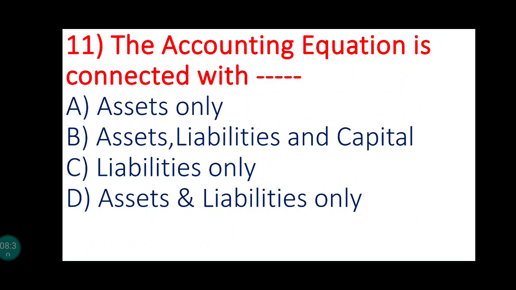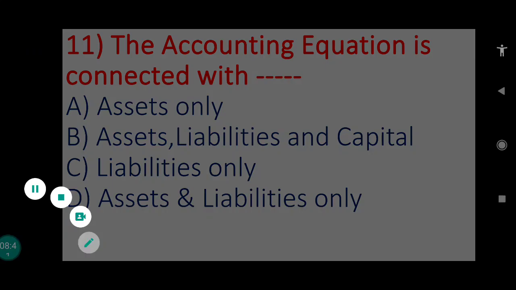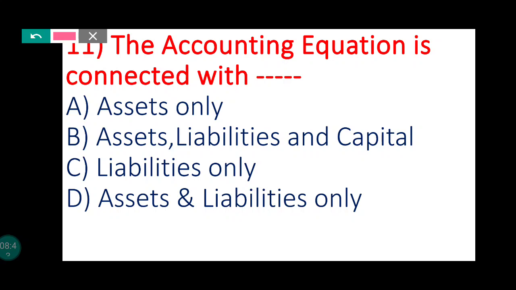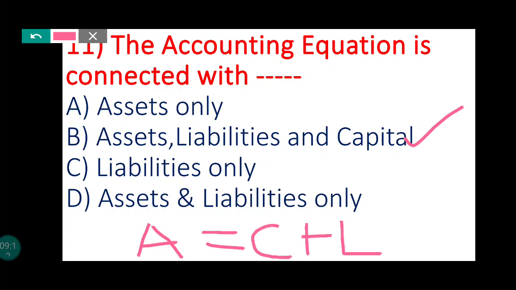11th one, the accounting equation is connected with, this is a very important topic, assets, liabilities and capital. Accounting equation is connected with assets, liabilities and capital, because what is the equation? Assets equal to capital plus liabilities.